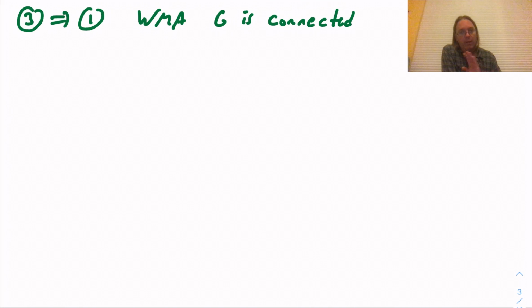Why? Well, I'm going to give you a proof that works under the assumption that the graph is connected. If you have that proof, you can then take this and apply it to each connected component. So if I were to give you a graph that was not connected, we know that it has all of these little connected components. You can apply this argument in each one of them, and that will give you what you want in the whole graph.